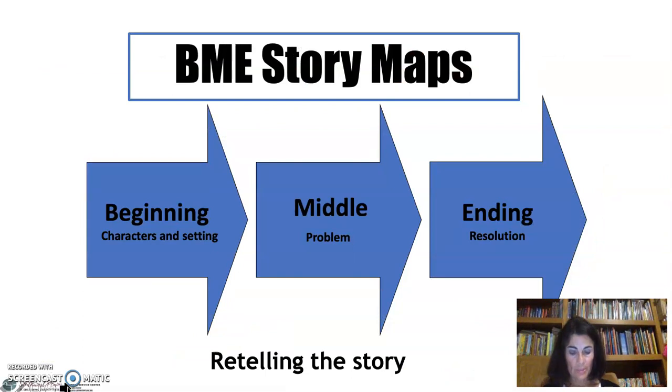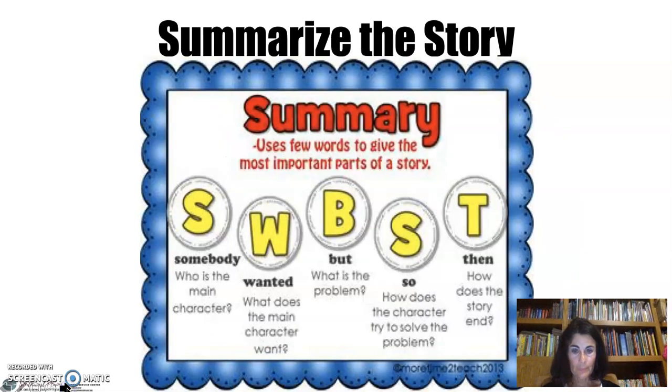Readers of narrative text might also think about the story by retelling it through a graphic organizer like a B-N-E, or beginning, middle, ending flow chart. Or they might summarize the story by identifying the somebody who wanted something but needed to do something, so the character worked to solve the problem and then end the story.